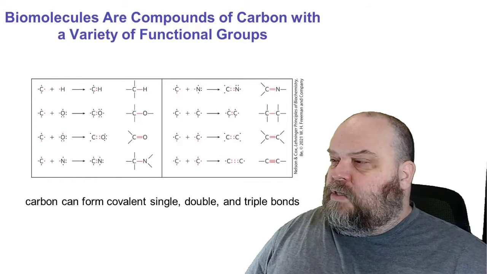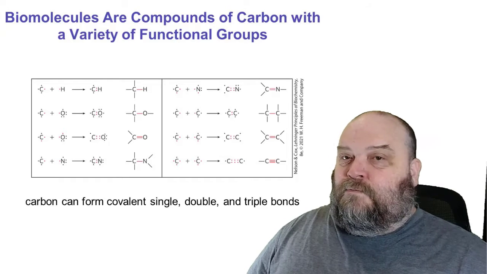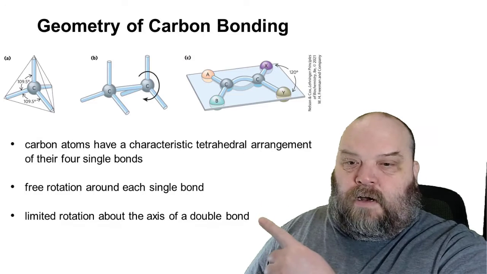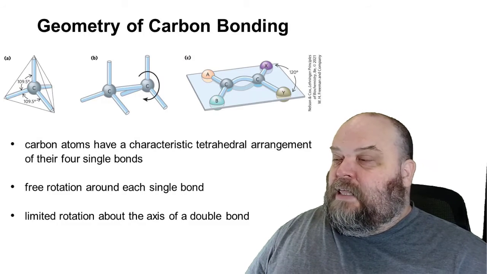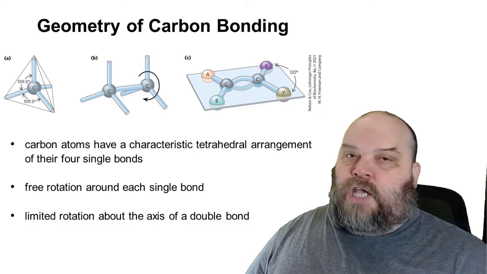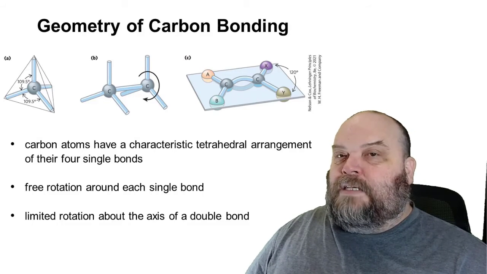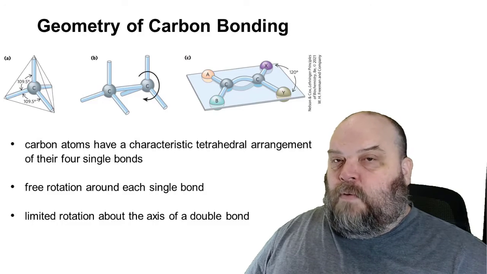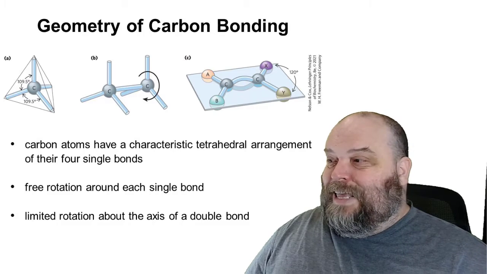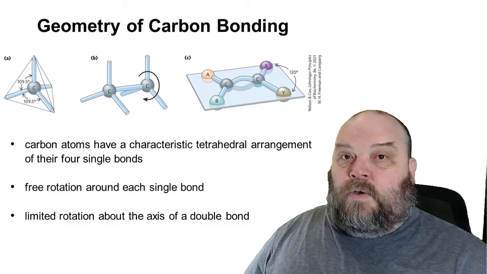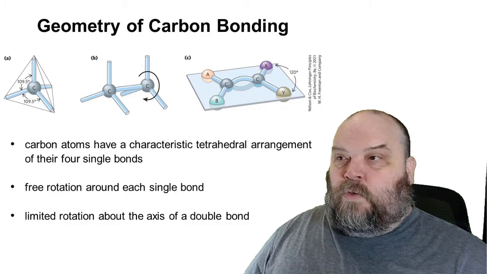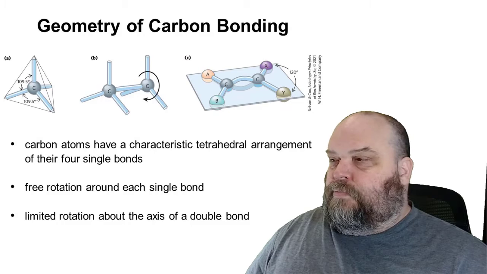It's because of these empty 4 spaces in its valence shell that it forms, as you see here on the far left, A, that tetrahedron. That tetrahedron is the shape that a carbon-based molecule will form. Shape dictates function. Its shape determines how it's going to interact with other atoms, other molecules in its environment.